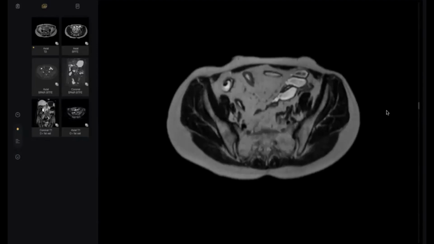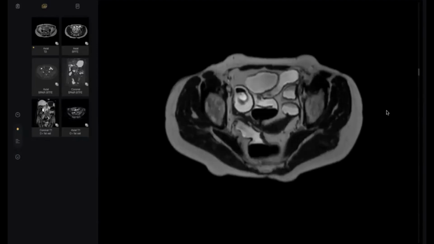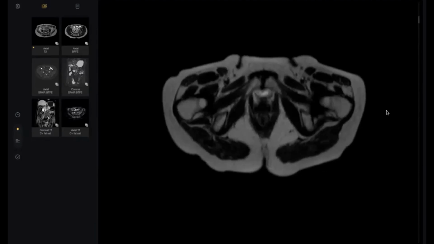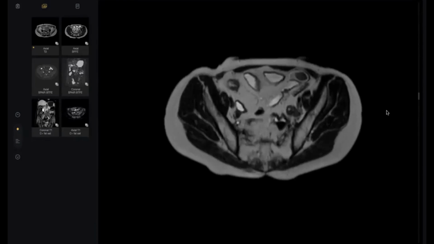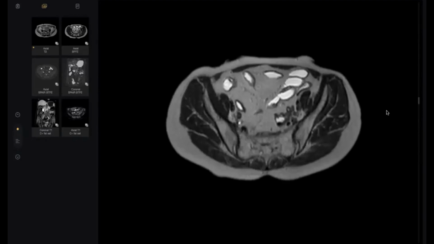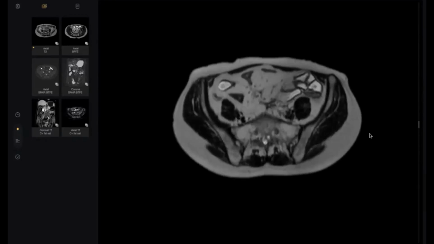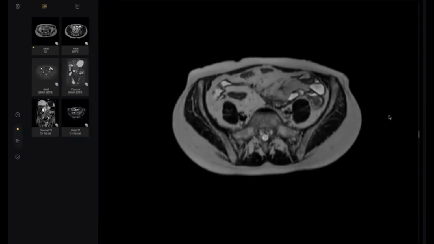Doctor, this is an adult 45-year-old patient with chronic recurrent abdominal pain and weight loss. Okay, so this is the MRI axial section, T2 weighted image. I'm just going to scroll through the images once.